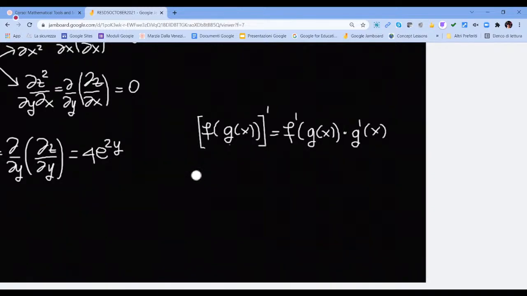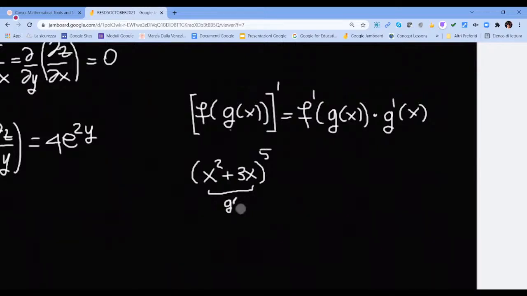Take for example a power. Let's say what is outside is a power of something like this. What does it mean? That you are applying the fifth power to a function g of x and not only x.